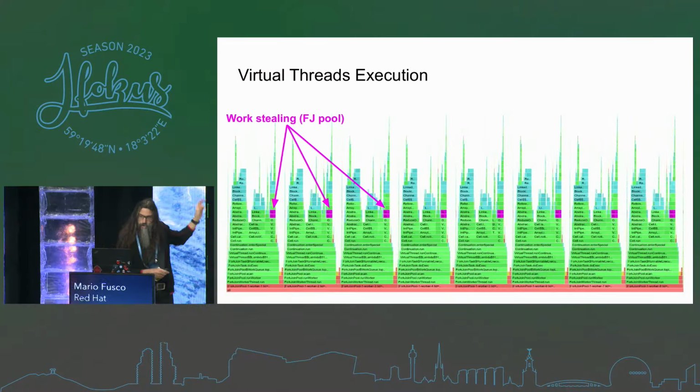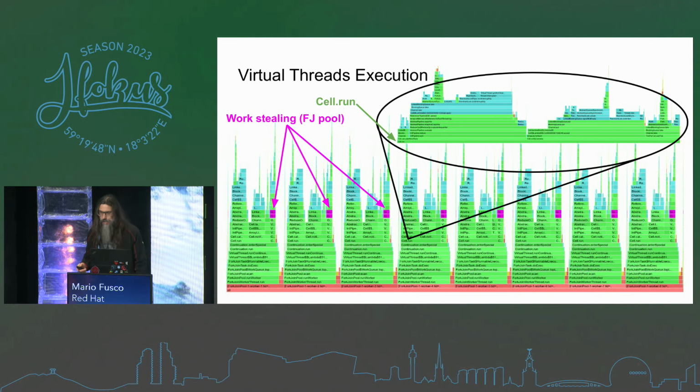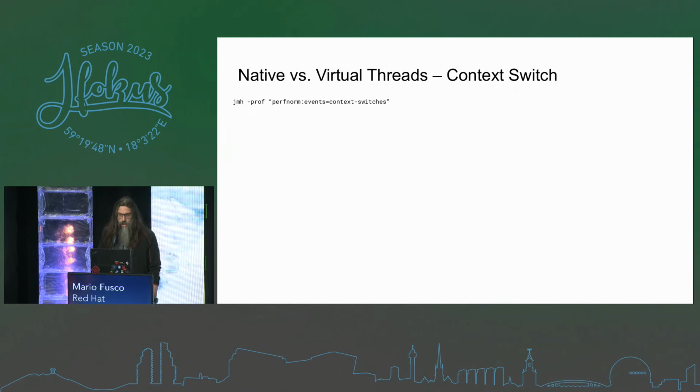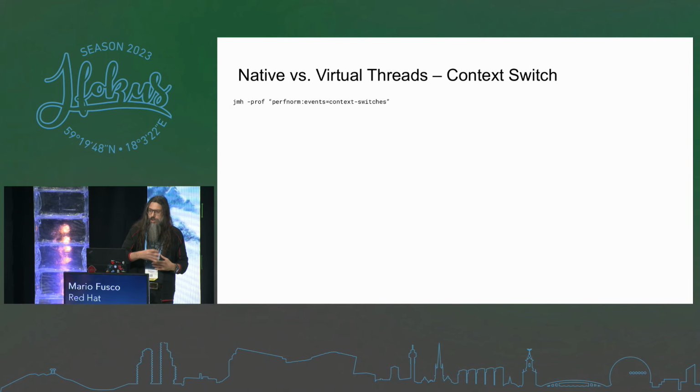So this is the effect of the fork join pool, which is interesting to see. And the other interesting thing to see here is that I don't see those orange colors anymore. So no context switch in kernel space anymore, okay? And this is the big gain. In fact, you can run JMH with this context switch event to count the context switches.